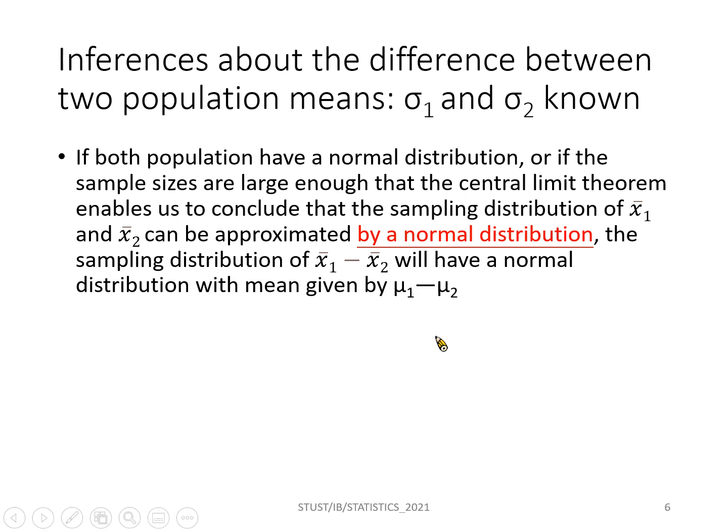So because it is a normal distribution, from mu1 or mu2, that also means the sampling distribution will also follow the normal distribution.